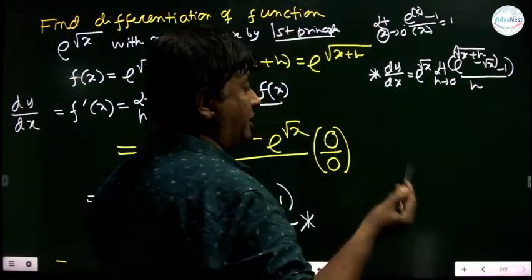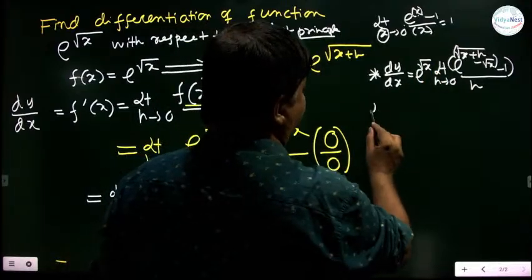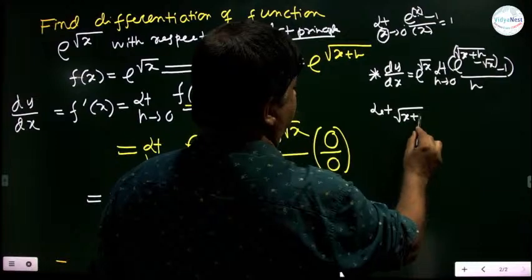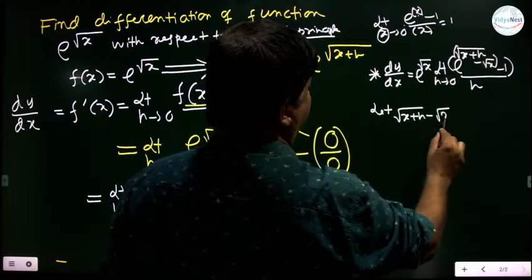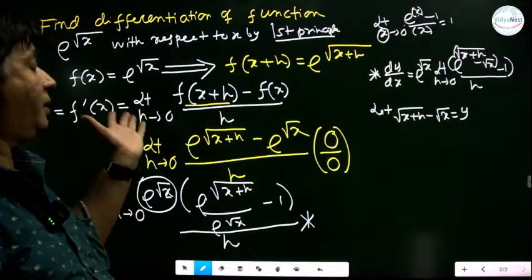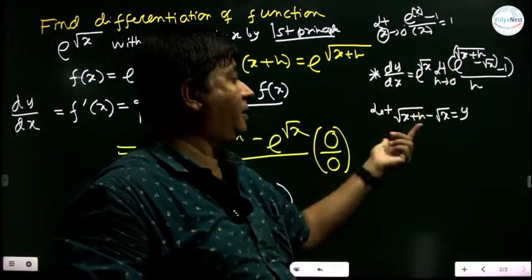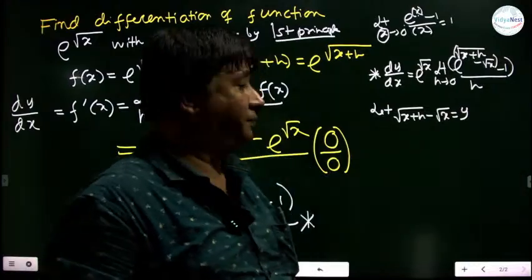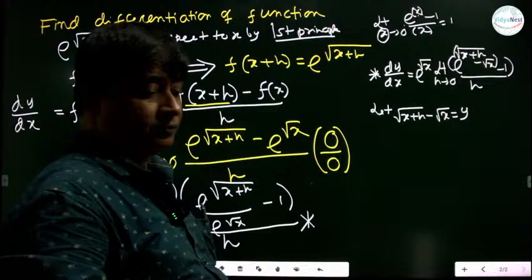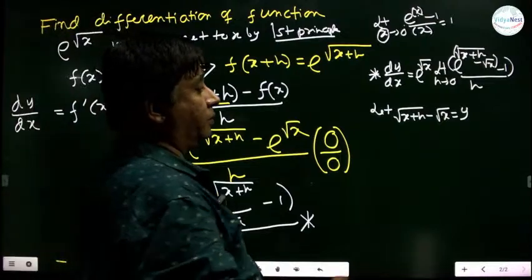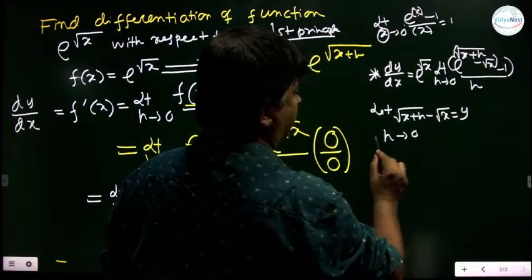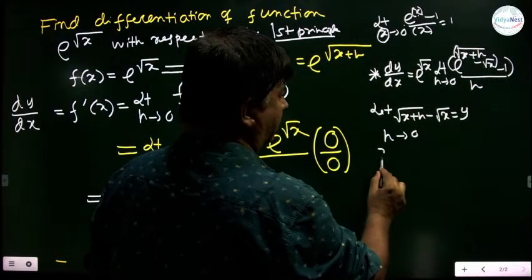To ease the calculation, you do one thing: let root x plus h minus root x be equal to y. I am replacing that variable by another variable. Now you observe h tends to 0. What does it mean?